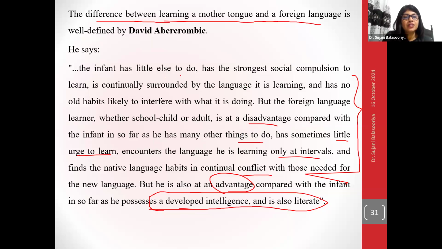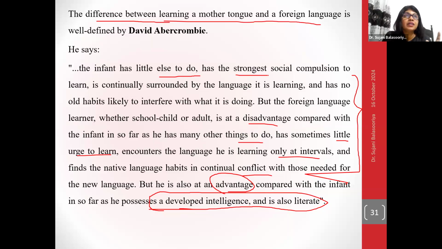Which means, compared to the infant who has little else to do, an adult learning a second language has a lot of things to do. An infant has a stronger social compulsion to learn.